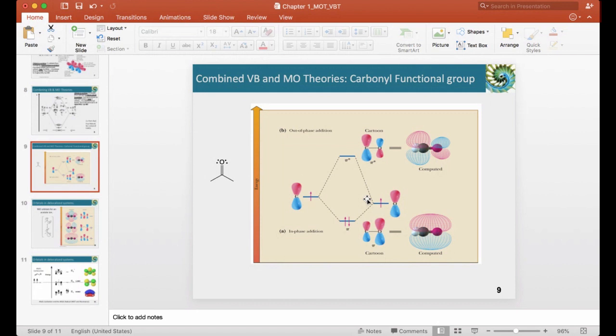Okay? Now, if we combine two p orbitals, we should get two molecular orbitals, one bonding in phase addition, one anti-bonding out of phase interaction. This is how they will look like. Now, look at this. In this molecular orbital, now the size of these lobes is not equal anymore. This is a different thing. You never saw this before.